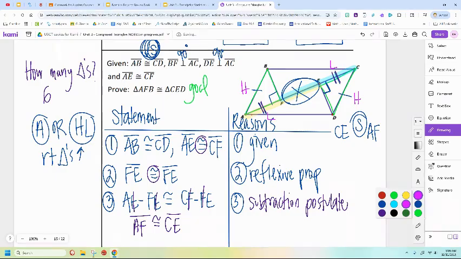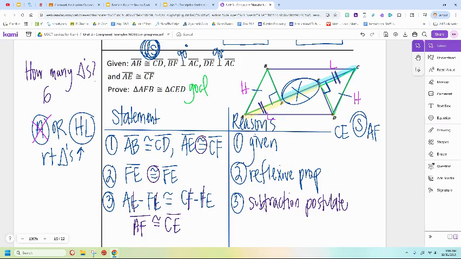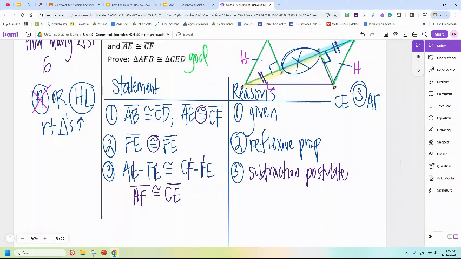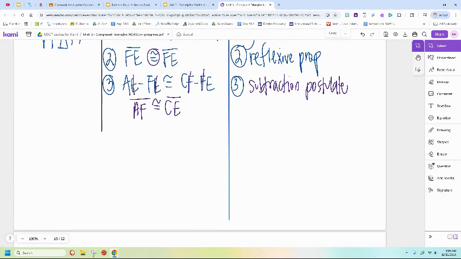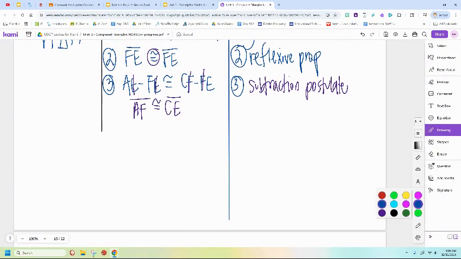So we're not going to be using the right angles as angles. We're going to be using hypotenuse leg, which means we need to say that we have right angles, and that means we have right triangles. So I still have the rest of the given to put in. So let me go to statement 4. And statement 4 is more given.